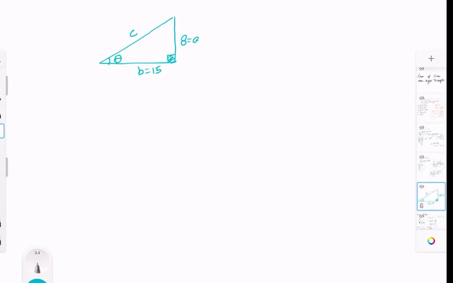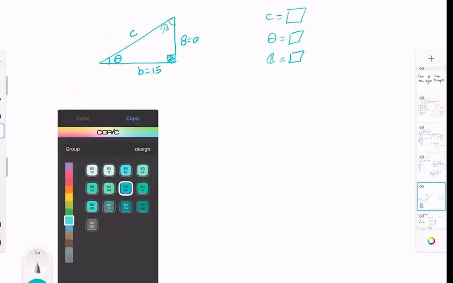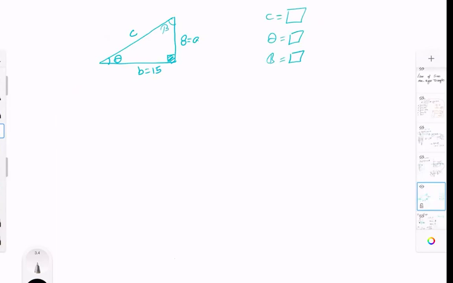Solve a triangle means you need to find everything. You have to give me C, you need to tell me theta, and for example, beta. You have to solve whatever you see. But in this exercise, they're asking us to find sine of theta and cosine of theta.